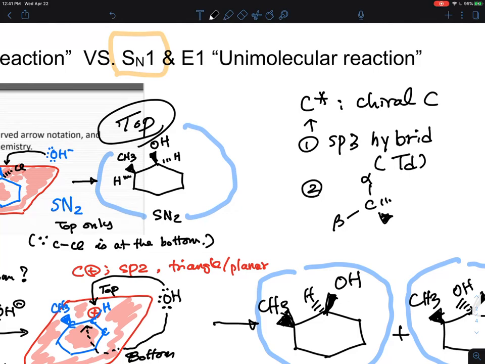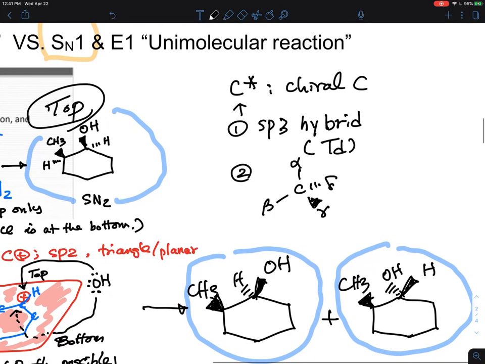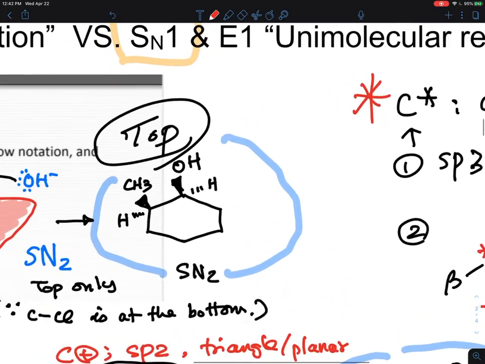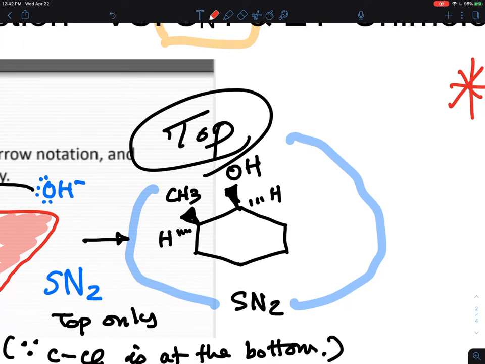Alpha, beta, gamma, delta, 4 different attachments. I think this is one of the Chem 1 problems that you were assigned. This is a chiral carbon that can have optical isomers and so on, right? Remember, this is from the previous one. Now you're looking at this carbon here, and this carbon has this attachment, that attachment, 4 attachments, and the 4 different directions are not the same, right?